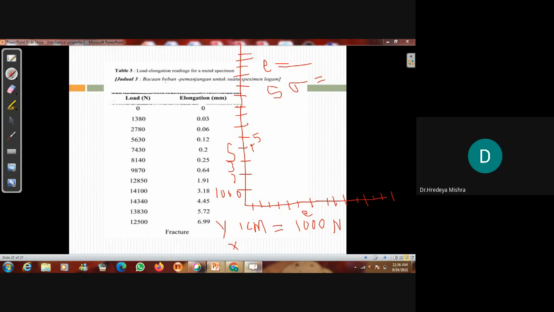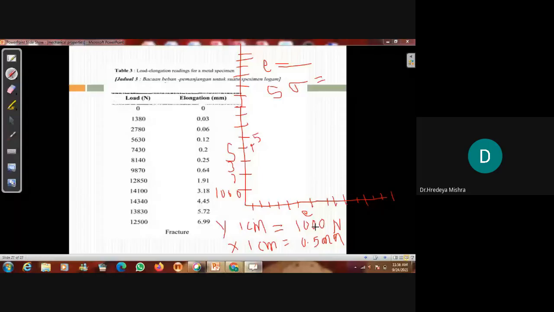In the x direction, mm. Okay, because in the x direction the deformations are increments in the form of mm, and in the y direction the increment is in the form of Newton.